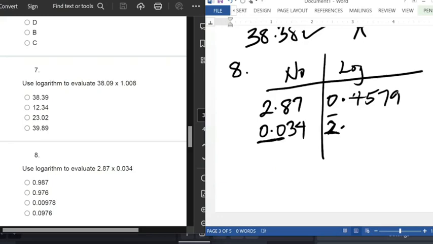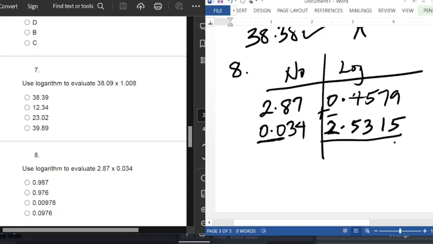So 34 under 0 gives us 5315. Because what we have between the two of them is times, we add them together.